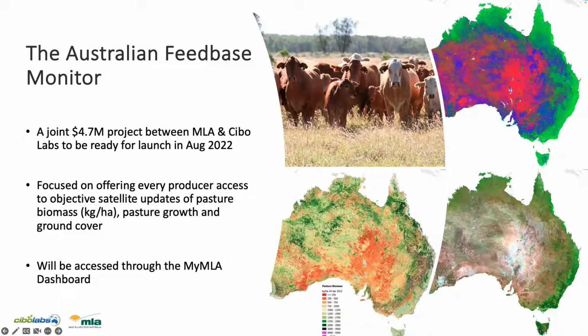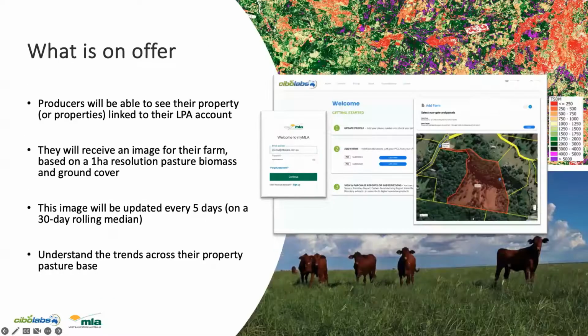So the way that this will work when launch happens will be that producers will either be able to go through the MyMLA account, or if they land on the Cibo page, you'll see a page that will take them directly to MyMLA to create an account if they don't have one.